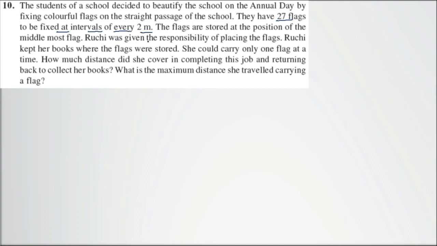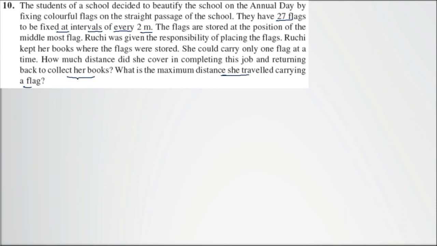Ruchi was given the responsibility of placing the flags. Ruchi kept her books where the flags were stored. She could carry only one flag at a time. How much distance did she cover in completing this job and returning back to collect her books? What is the maximum distance she traveled carrying a flag?